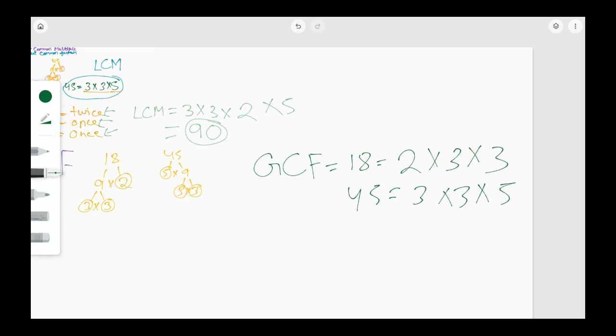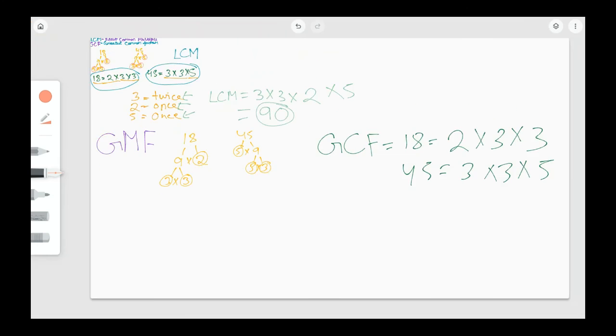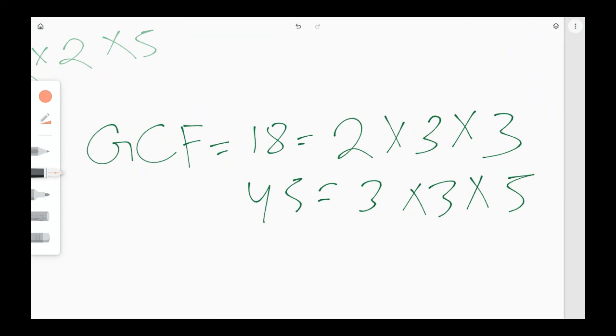Now, what you do in greatest common factor is a bit different. You don't write twice and once, and that's why I think it's a bit easier. What you do instead is compare these numbers again. There is a 2 in this number, but there's no 2 in 45, so I'm going to cross that out. I don't need that.